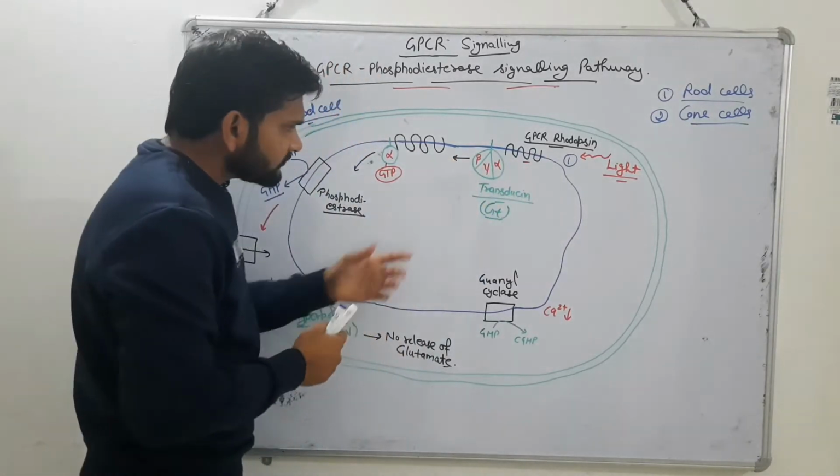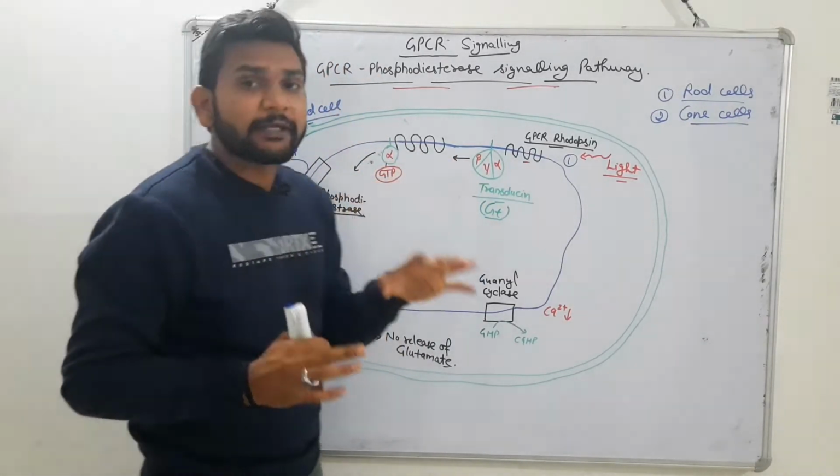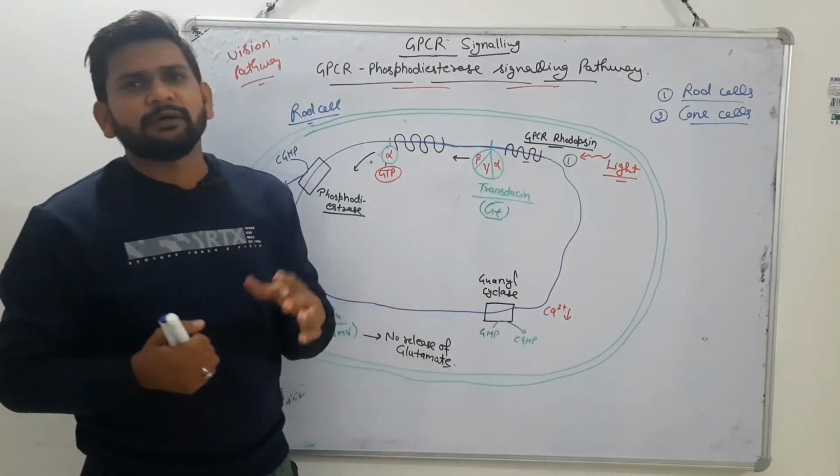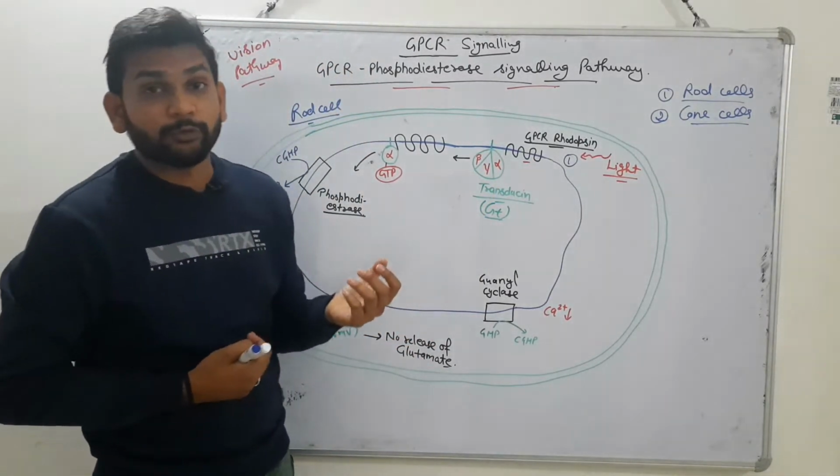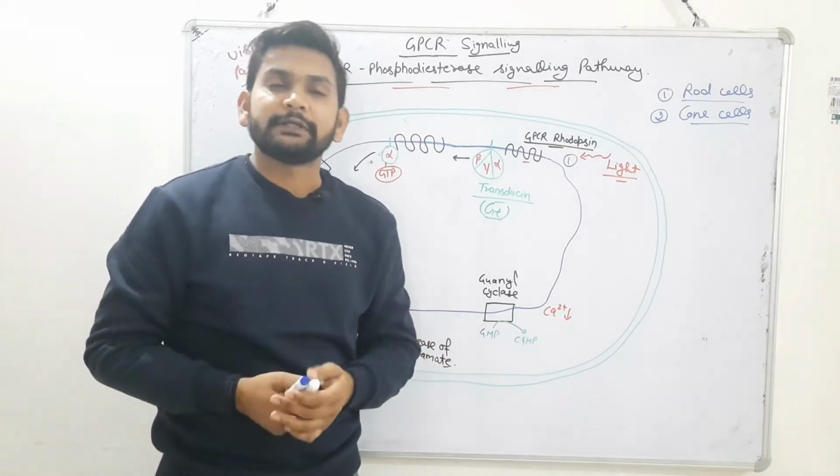Transducin is a heterotrimeric protein made up of three different subunits: GT alpha, GT beta, and GT gamma.